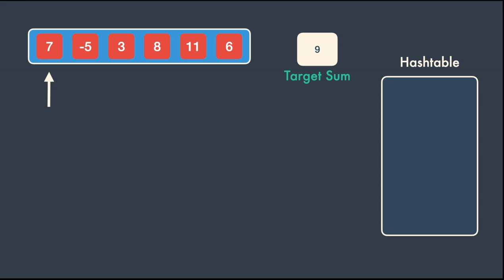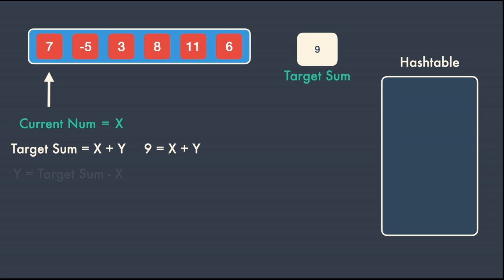Okay, we've got our target sum equal to 9, and whenever we're passing through the array, we've got a current number, let's call it current num, which is equal to x. x is whatever number we're at as we traverse the array, and we want to find y, such that x plus y is equal to 9.